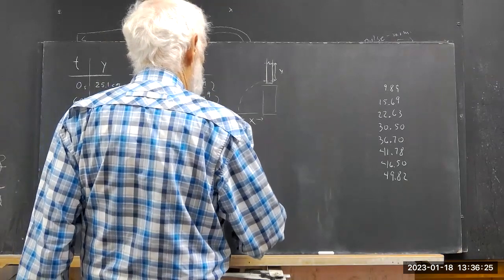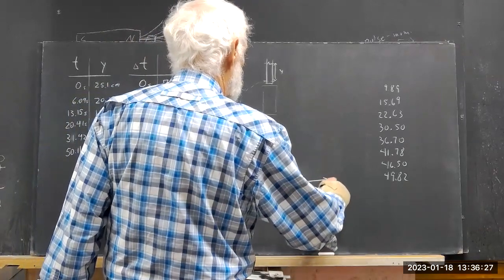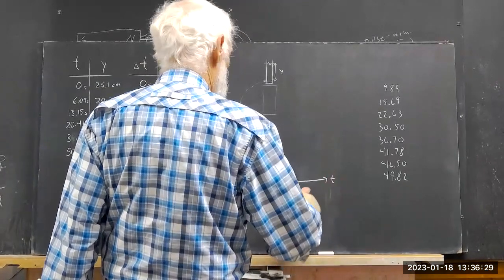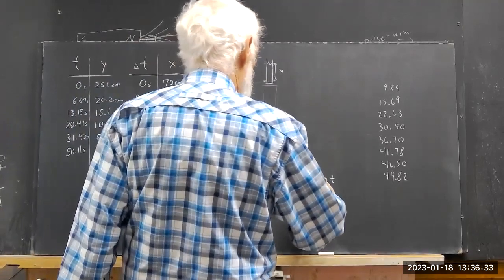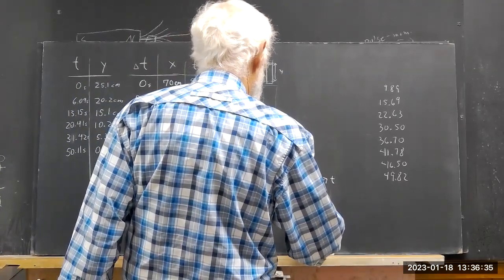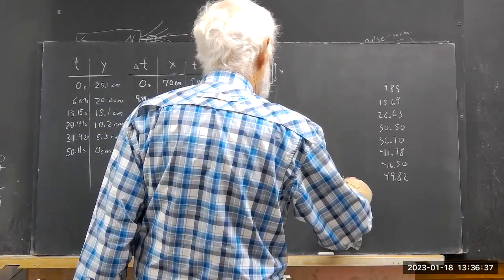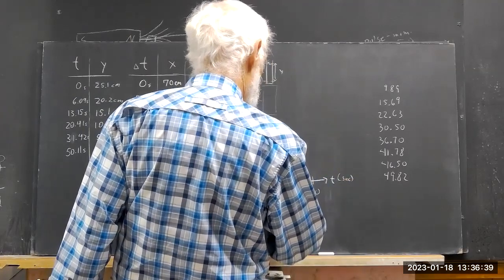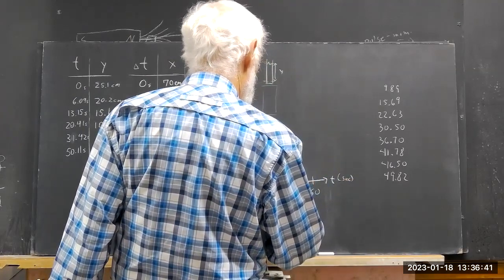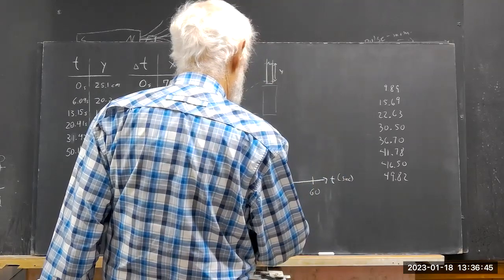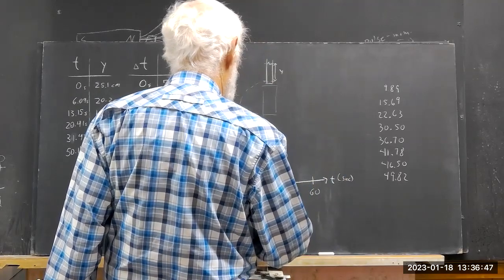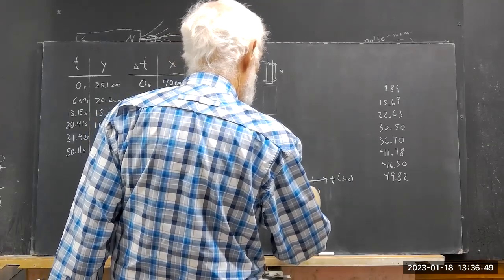I'm going to do Y versus T, and I'll put 60 out here. T is in seconds. So I'll simplify that. I get 30 in here. I'm trying to do this fairly carefully. Here I've got 10, 20, and 40, and 50.